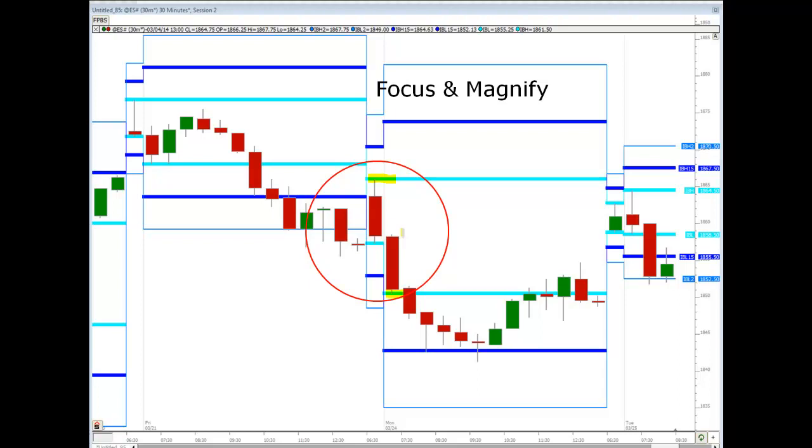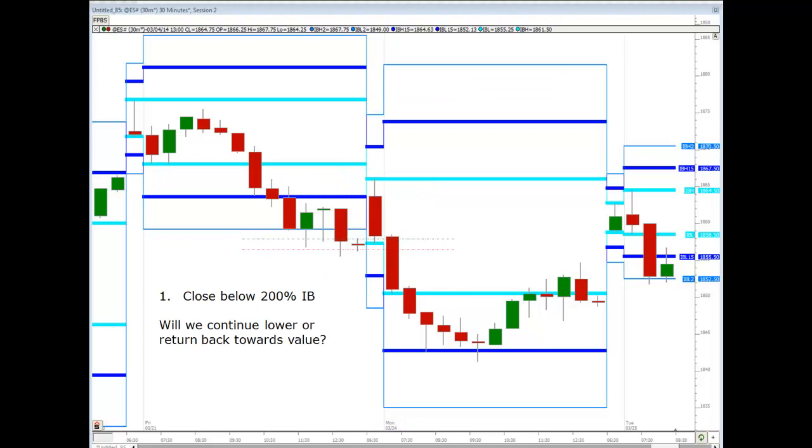And the best way really is to focus on what happened during this day, which happens to be a Monday. And we are going to compare what happened on Monday relative to what happened in the market on Friday, the prior day.